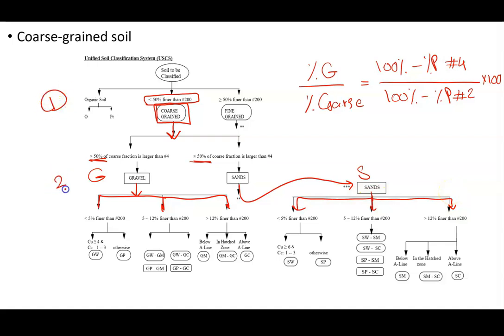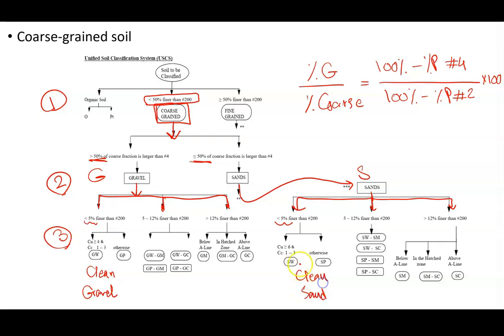So step 1, step 2, and in step 3, we again look at the percent passing sieve number 200. If it's less than 5%, then we have clean gravel or clean sand.